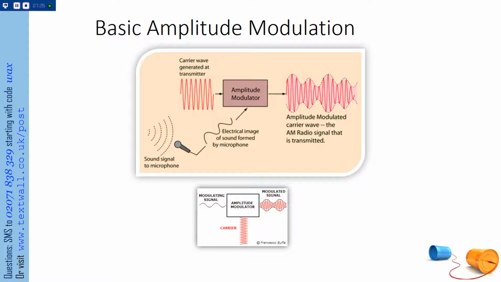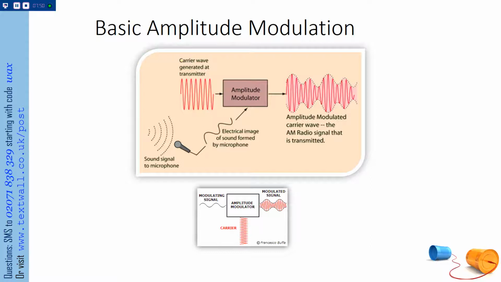Something's happening after the signal leaves the sensor, leaves the microphone. It's being mixed somehow in this magic box called a modulator. It's being mixed with a high-frequency carrier. What kind of frequency are we talking about?